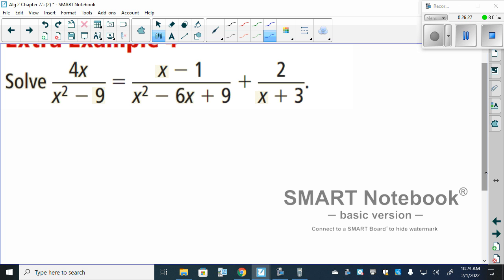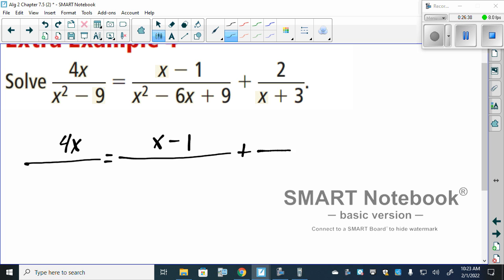Let's look at the next one here. So we will need to find the restrictions most likely, but it'd be helpful if we factored the x squared minus 9 and the x squared minus 6x plus 9.